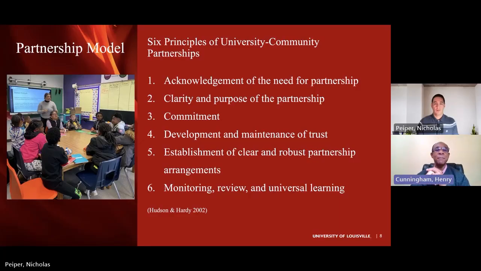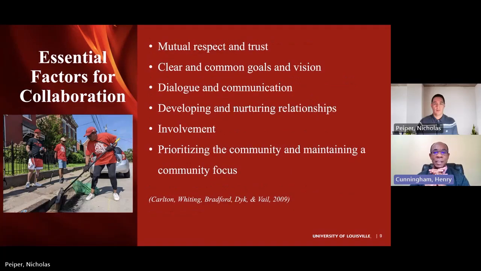And then the last model here is of Hudson and Hardy, Carlton and Whiting and Bradford et al. And they call theirs essential factors for collaboration. That's what they call their model. And again, there'll be some repetition here. Mutual respect we've seen before, trust we've seen before, clear and common goals and vision we've seen before, dialogue and communication we have seen before, developing the partnership, nurturing the partnerships.